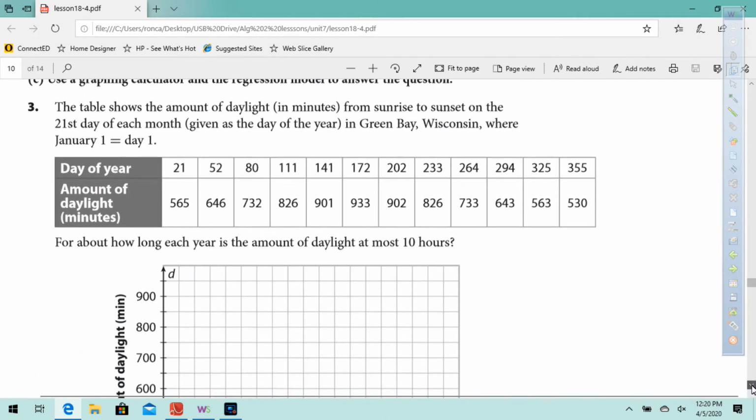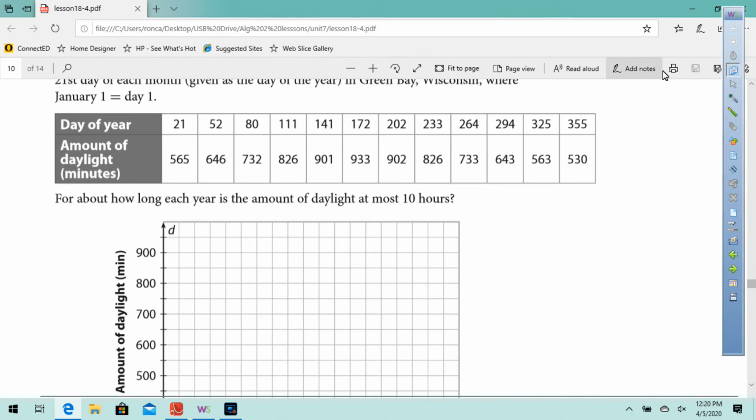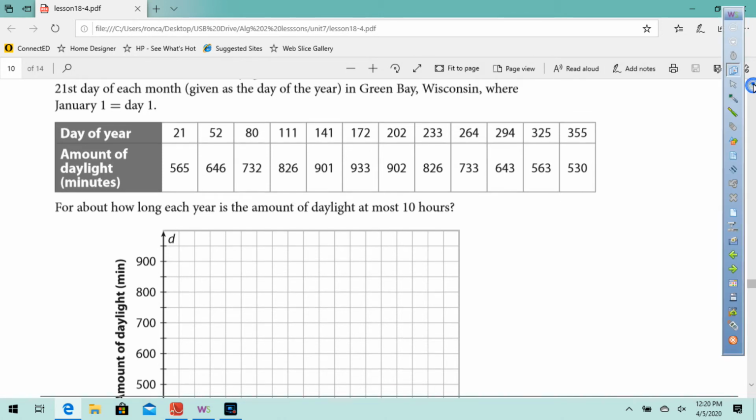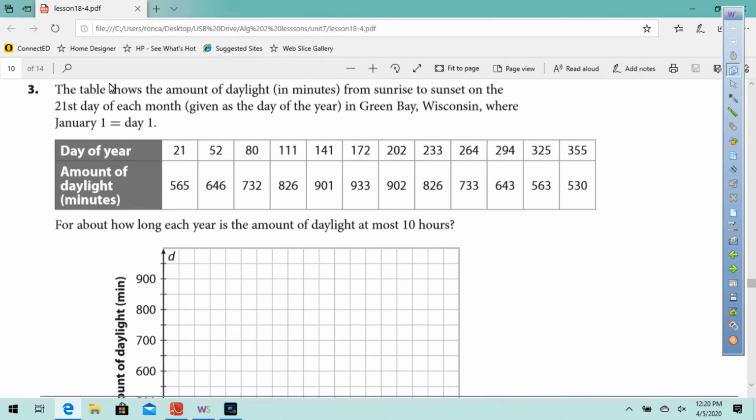And we're going to do the same thing we did before. We're going to graph. The table shows the amount of daylight in minutes from sunrise to sunset on the 21st day of each month in Green Bay, Wisconsin. All right, so 21. That's going to be a little bit different.